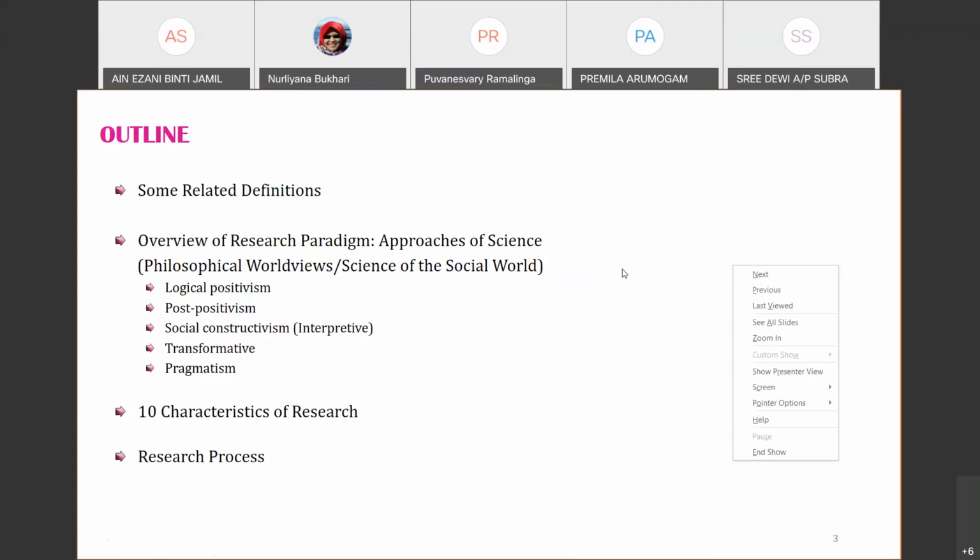One of the concepts that I asked you to look at in detail earlier is the research paradigm, because this is a concept that is always overlooked or taken for granted. Whatever it is, the paradigm always relates to philosophical tenets or worldviews.